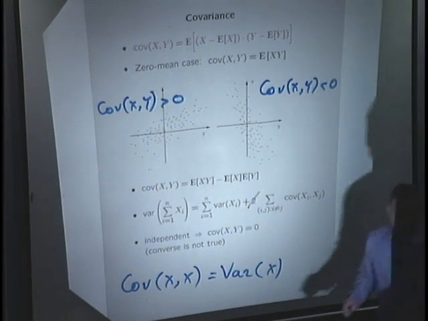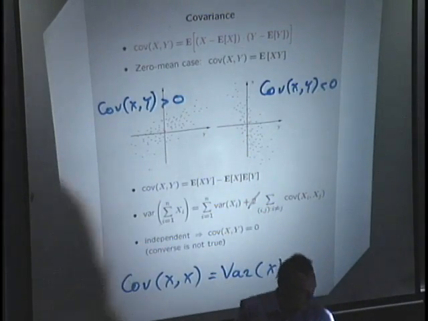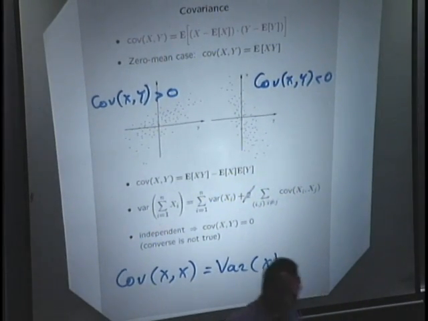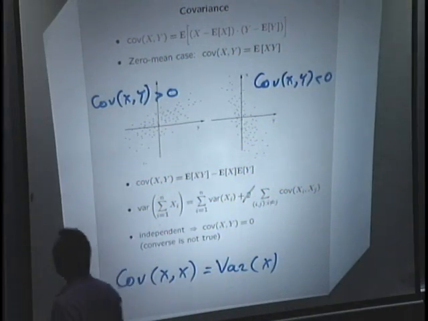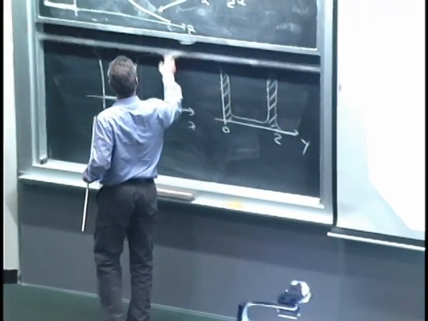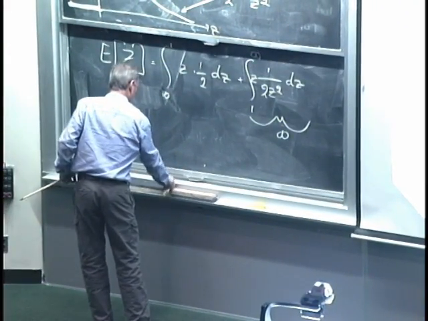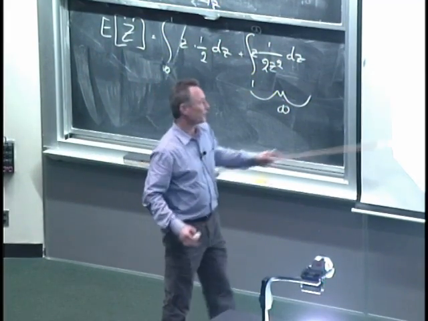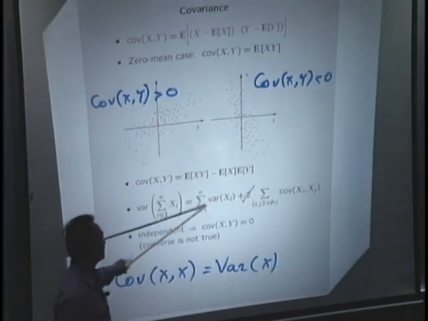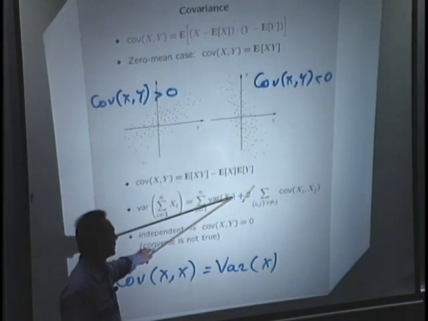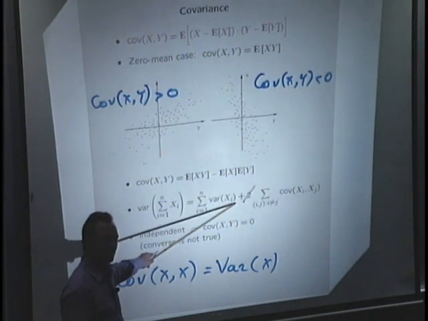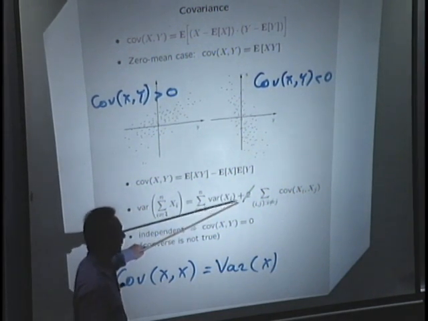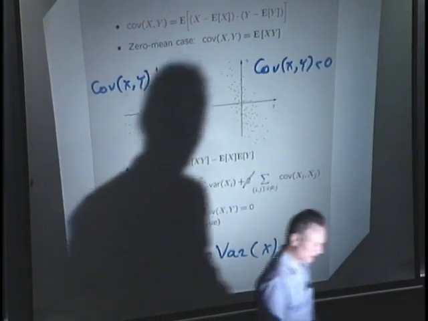And finally, covariances are very useful when you want to calculate the variance of a sum of random variables. We know that if two random variables are independent, the variance of the sum is the sum of the variances. When the random variables are dependent, this is no longer true, and we need to supplement the formula a little bit.